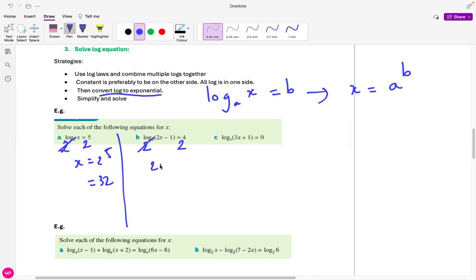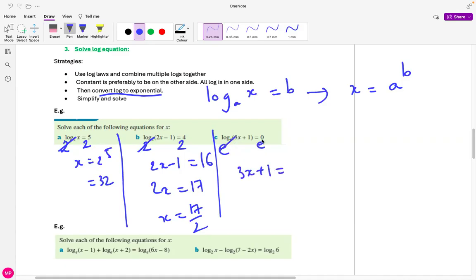Cancel the 2 out. 2x minus 1 equals 2 to the power of 4 equals 16. You have 2x equals 17, x equals 17 over 2. And same thing here, if the base is a, then you do a to the power, you have 3x plus 1 equals e to the power 0 equals 1, 3x equals 0, x equals 0.